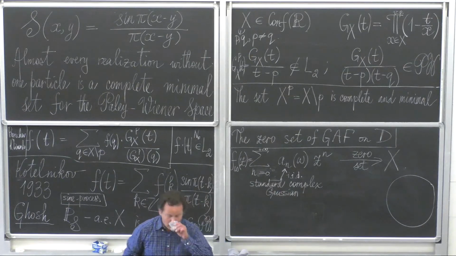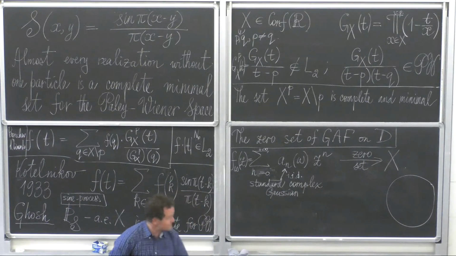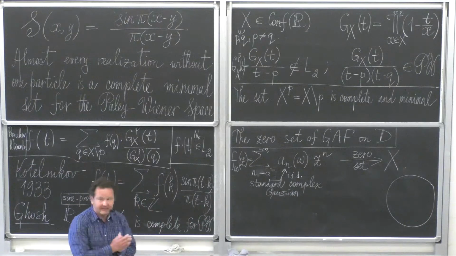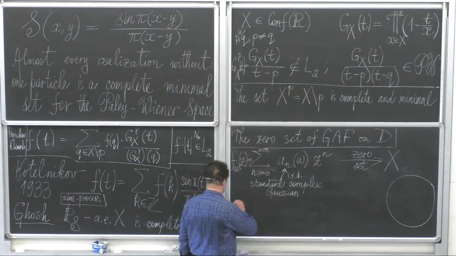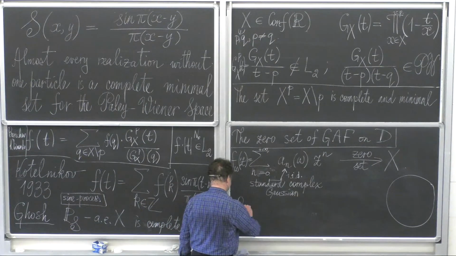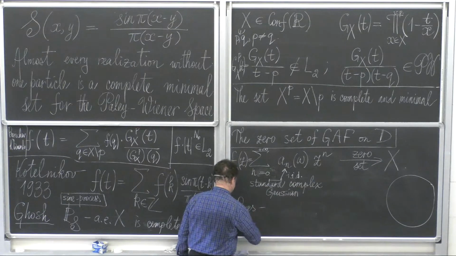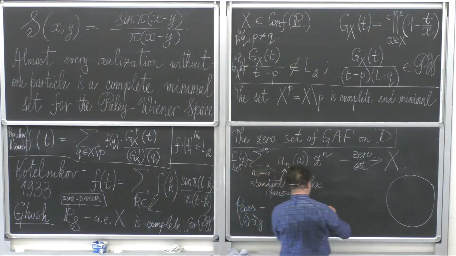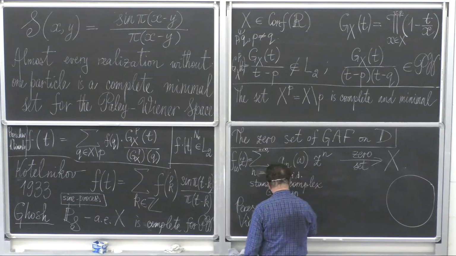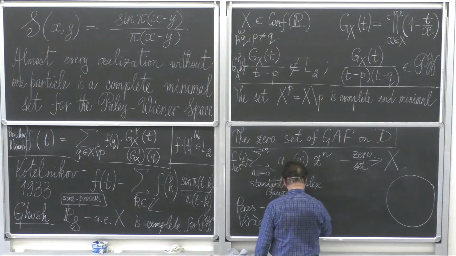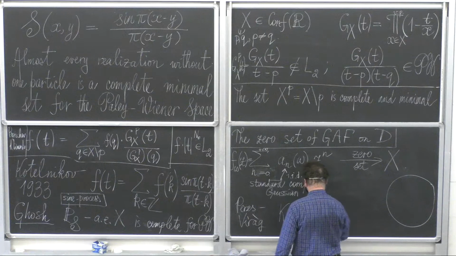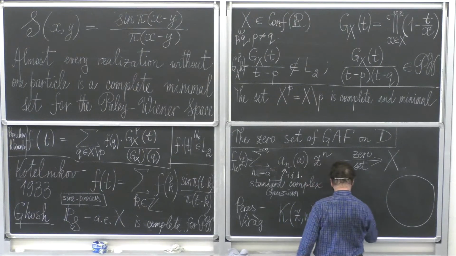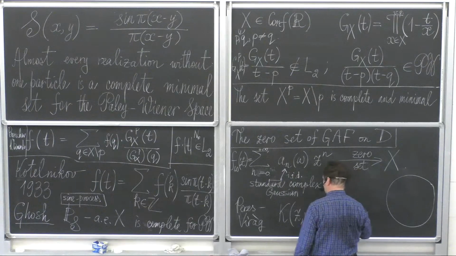And in fact, by the beautiful theorem of Peres and Virag, the zeros form a determinantal point process with the Bergman kernel, this one.